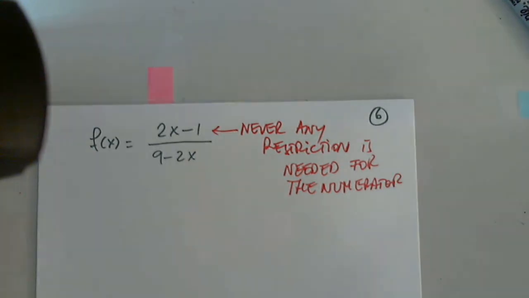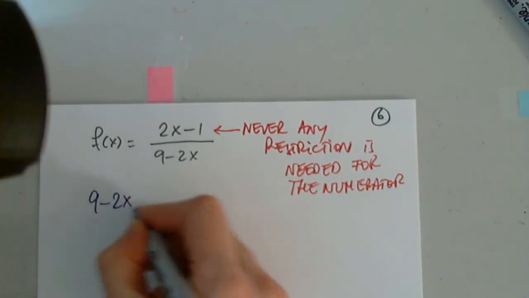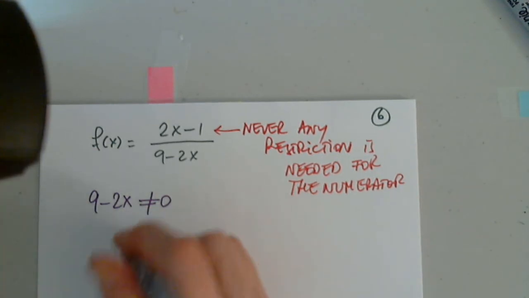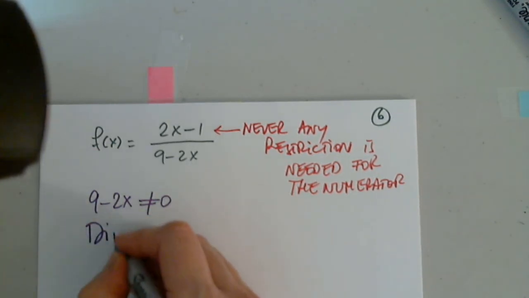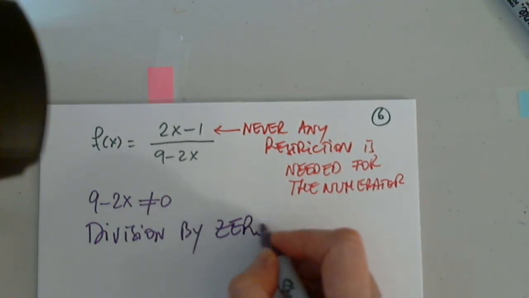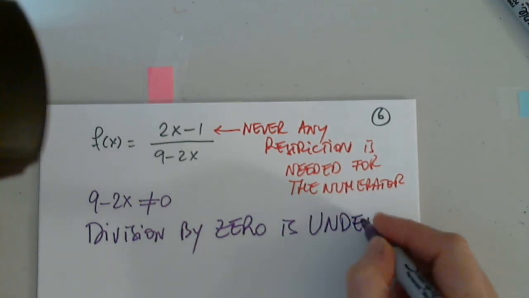Why? Can anyone explain? Rita, you want to tell us? Yeah, the denominator can't equal 0 because you never divide an equation by 0. Yes, we wrote that some time ago. Thank you so much. Division by 0 is a problem, it is undefined.